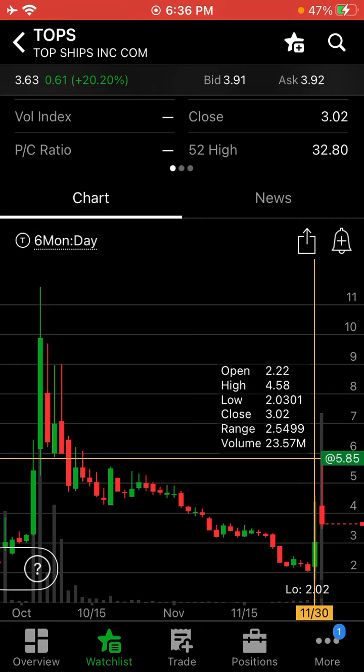And also, another thing that I noticed with shorting, with float rotation, is that sometimes when a stock rotates through its float too many times, it'll make the potential for a short squeeze high.